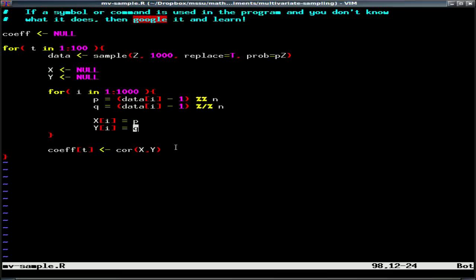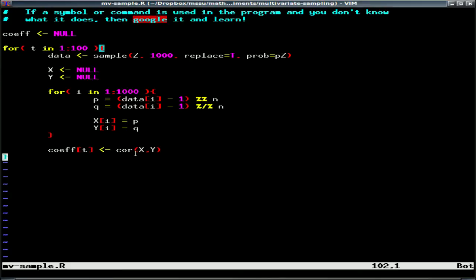Now with these 1,000 samples of x values and y values, we have R calculate the correlation coefficient for those two variables. So that's what this cor function does. We find the correlation between the x value and the y value, and we put that into our vector of coefficients.